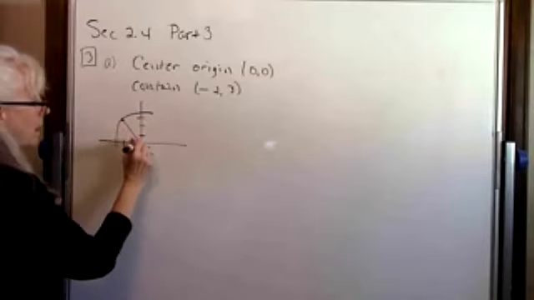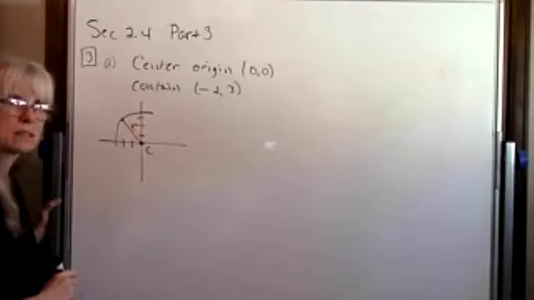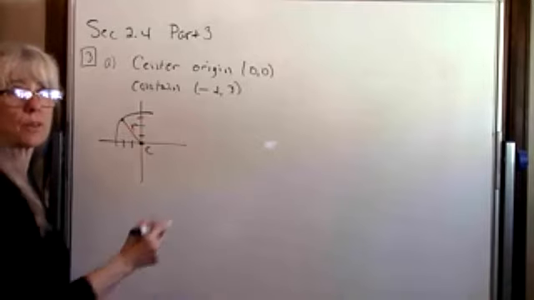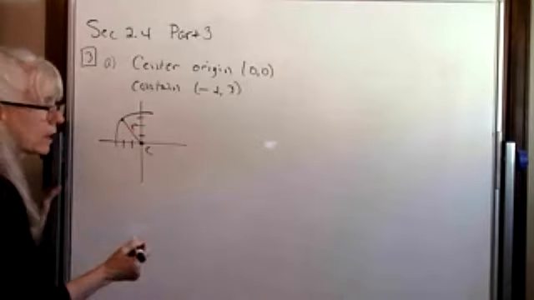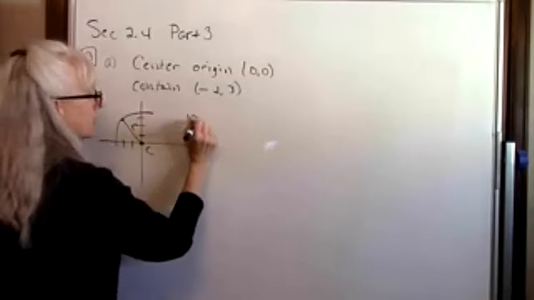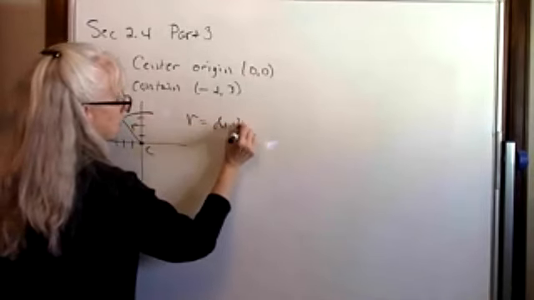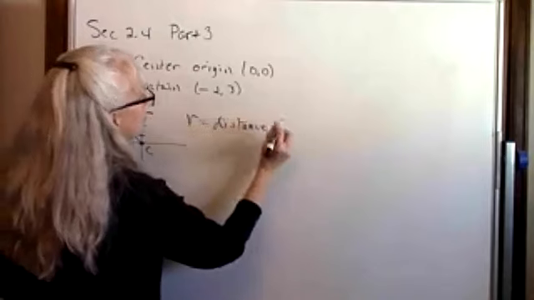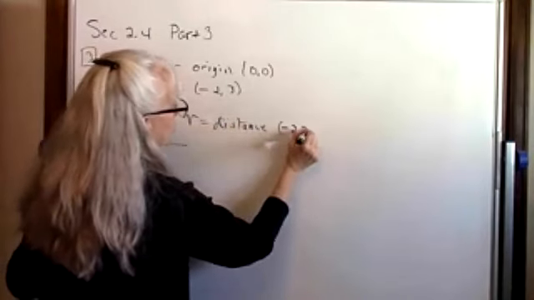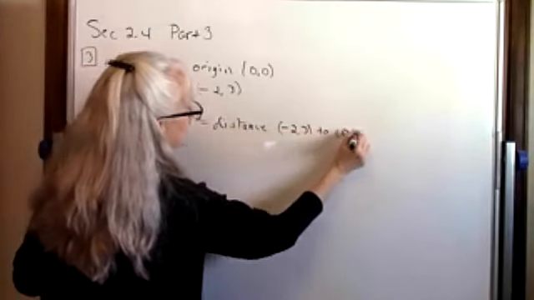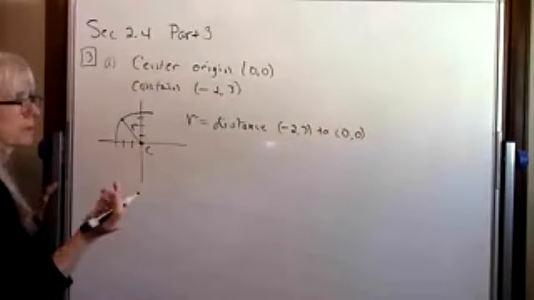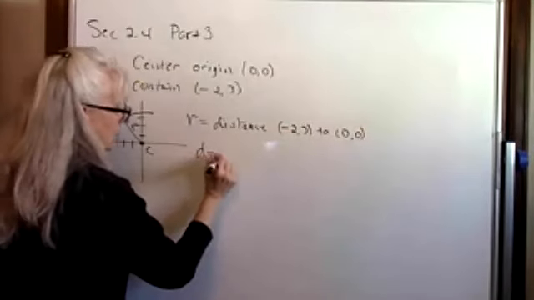Well, that right there is our radius then, right? Because it's a collection of all points that are at that distance away. So the radius is going to be the distance from -2, 3 to 0, 0. Well, that's our distance formula from the last section.